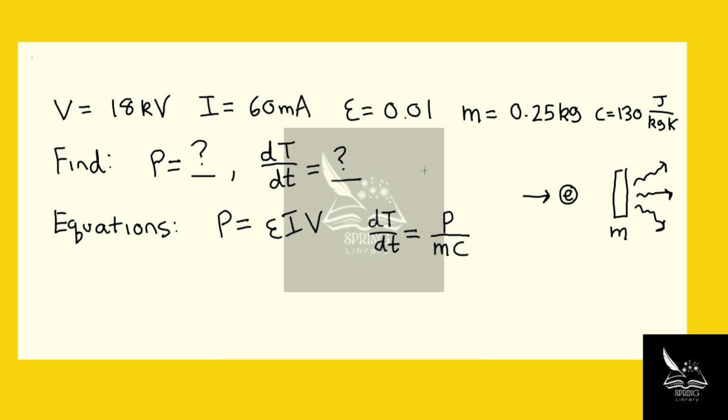We're going to assume that it has a mass of 0.25 kilograms, and we know its specific heat is 130 joules per kilogram Kelvin. So we're first asked to find the power of this cathode ray tube, or how much energy per second is actually going into these X-rays.